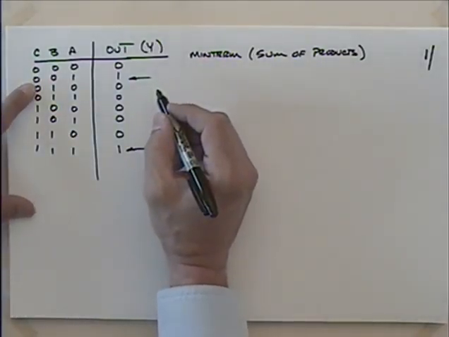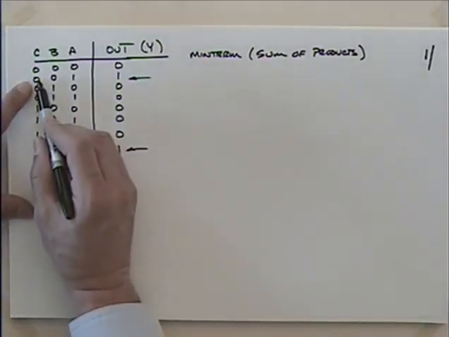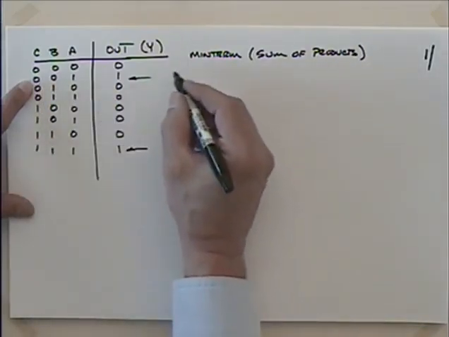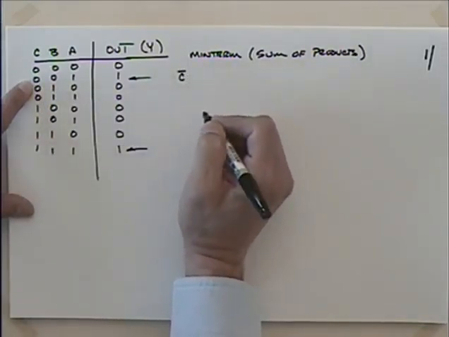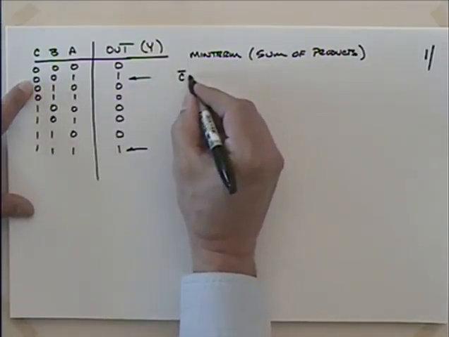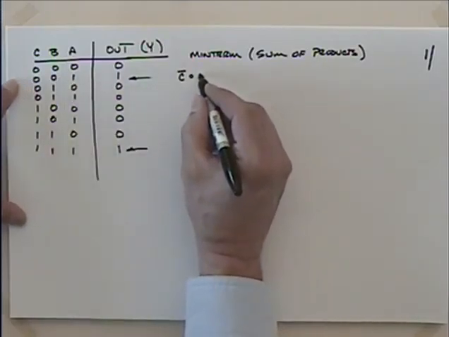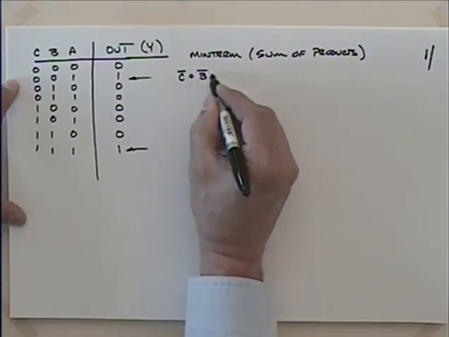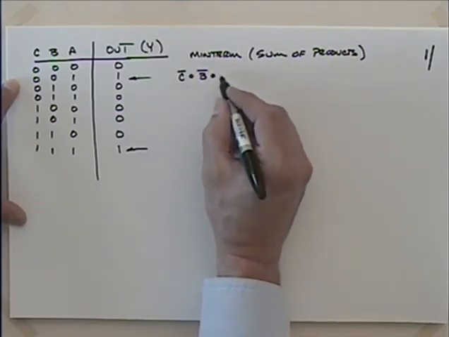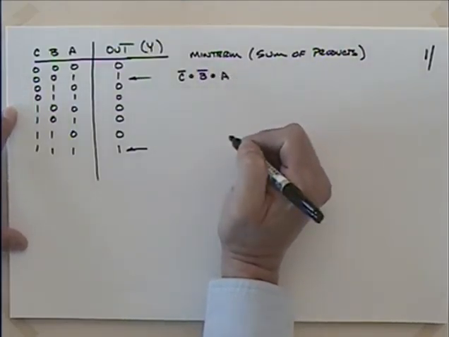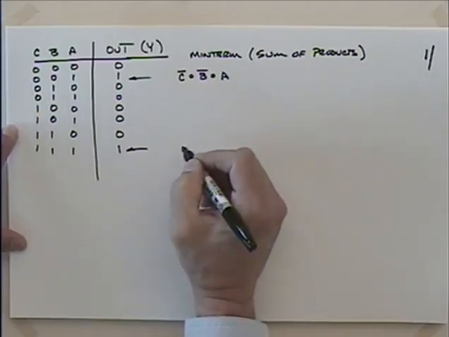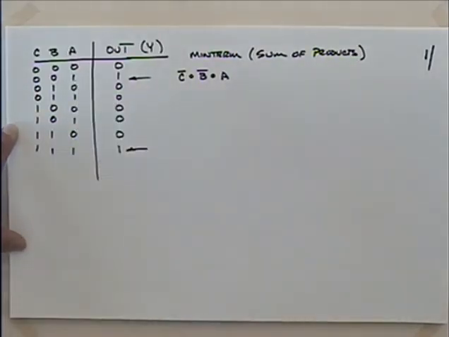So this is to say that, let's see, C is a 0, so that would be saying not C. And B is a 0, so not B. And A, or, because A, I don't invert A because it's a 1.